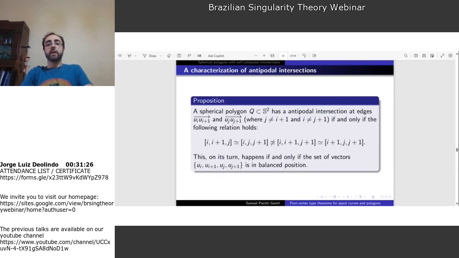So this is our proposition. A spherical polygon has an antipodal intersection at edges u_{i+1} and u_{j+1} if and only if the following relation holds. Here I'm just writing the subscripts. One thing that I forgot to say is that this is a determinant relation.